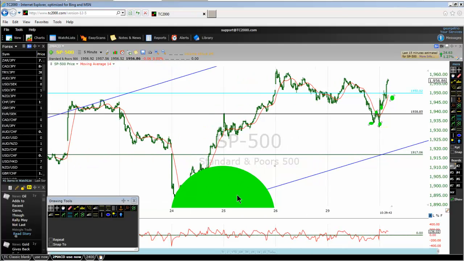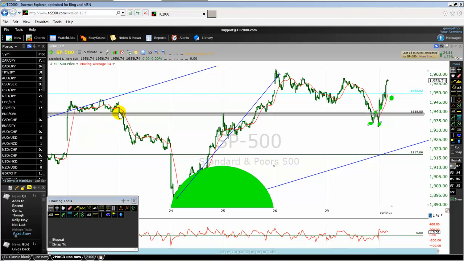On the 5-minute time frame, we see a bullish progression, here it is, from the 24th to the 26th of February. This bullish progression has taken out the resistance here in the zone of 1938, where my stop loss is.